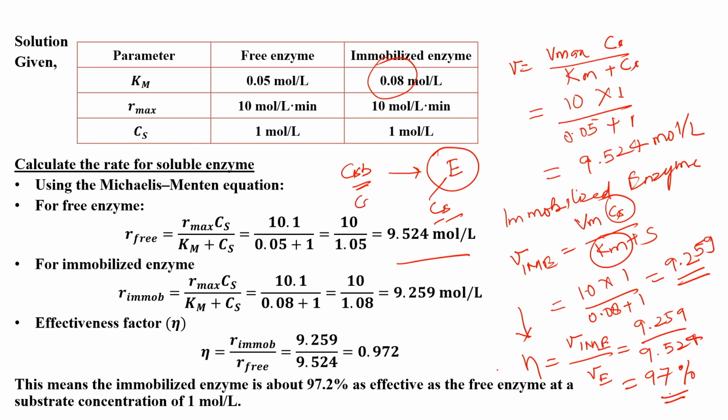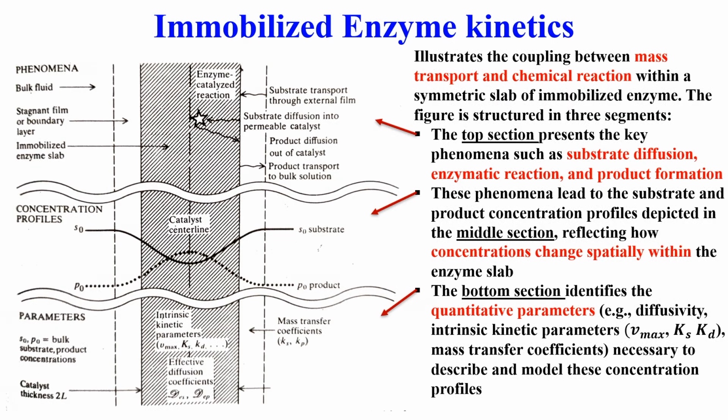Typically this Csb will be higher than or equal to the Cs. Now, once you have immobilized the enzyme, you can see there are three observations. What are the phenomena happening?